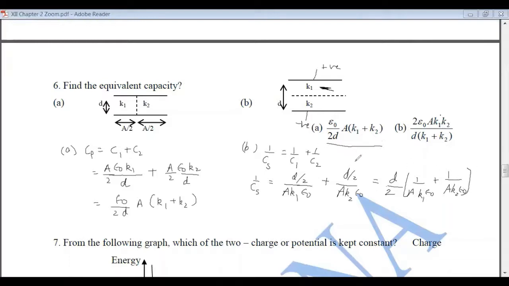This can be written as D upon 2 A epsilon naught, 1 upon K1 plus 1 upon K2. This is 1 upon Cs. So Cs will be the reciprocal of it. Taking the LCM, Cs is 2 A epsilon naught K1 into K2 upon D into K1 plus K2. So this is the answer.